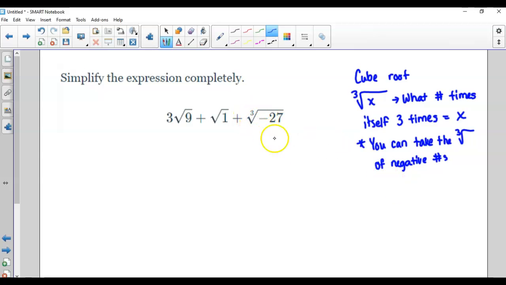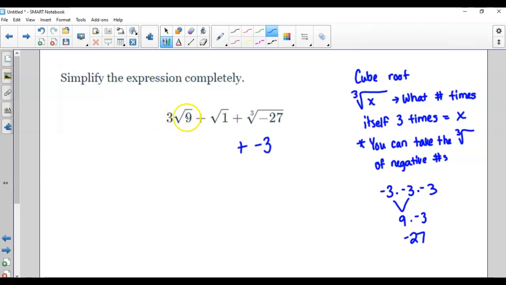So here, if we're thinking of 27, negative 3 times negative 3 times negative 3, if we multiplied that together, that would give us positive 9 times negative 3, and of course positive 9 times negative 3 is negative 27. So right here, the cube root of negative 27 is negative 3. So with cube roots, you will not have an I.